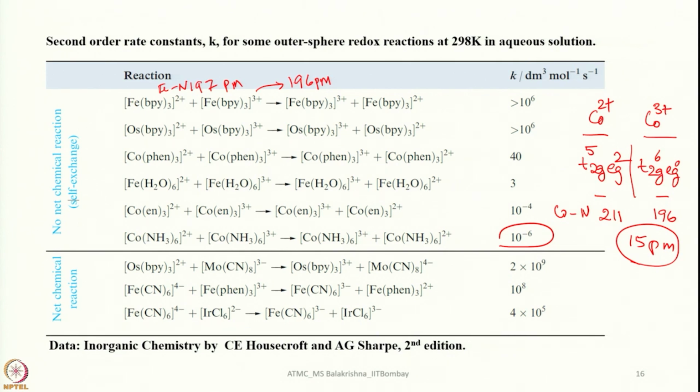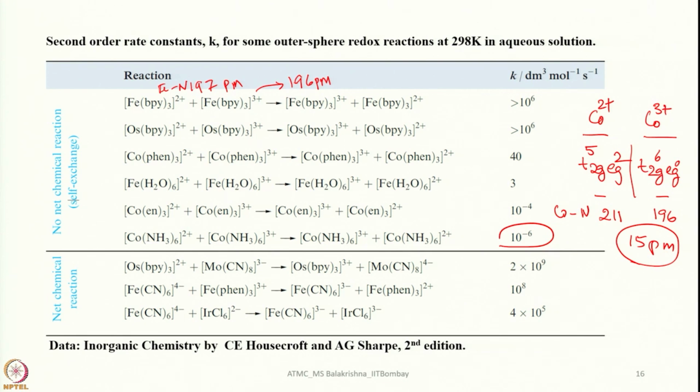So, the data given in this table shows that the self exchange reaction between hexaamine cobalt 2 plus, having t2g5 eg2 electronic configuration, and hexaamine cobalt 3 plus, having t2g6 eg0 electronic configuration, is relatively slow, while that between tris bipyridine iron 2 plus and tris bipyridine iron 3 plus is very fast, because you can draw the conclusion simply by looking into bond parameters.